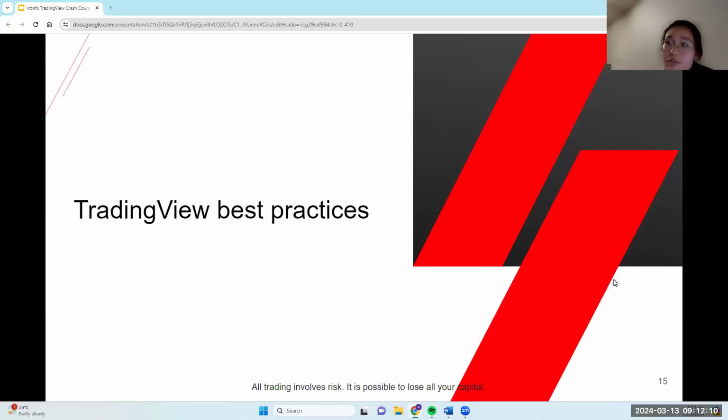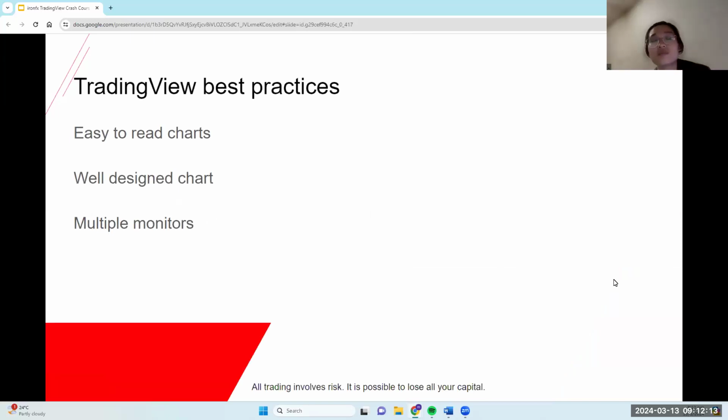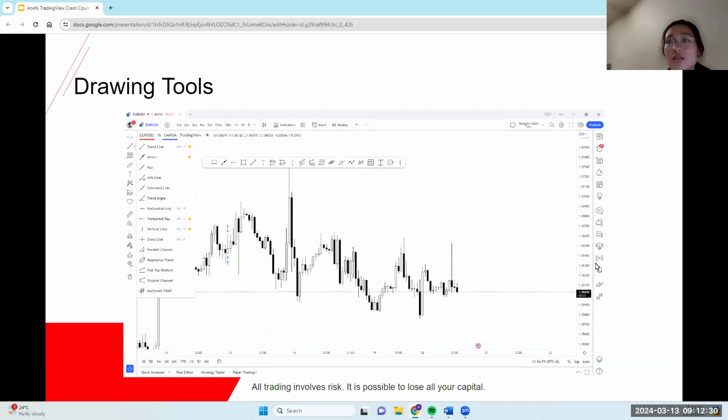Okay, TradingView best practices. You want to look for charts that are really easy to read, charts that are well designed, and also you want to try and make sure that there are multiple monitors for you to analyze these charts on. There are a whole bunch of drawing tools as well.